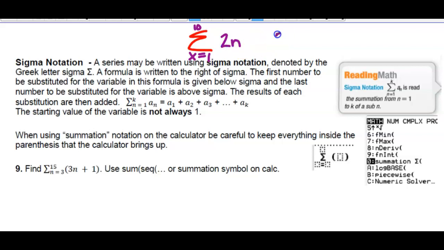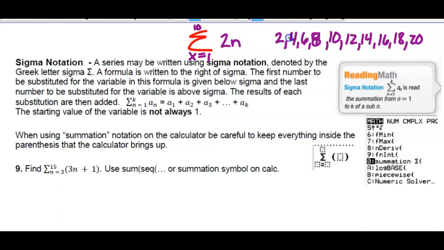So I put in a 1, I get out a 2, I put in a 2, I put in a 3, I put in a 4, I put in a 5, I'm supposed to go all the way up to 10. So there's the first 10 terms, and now I'm supposed to find the sum. The sigma means I'm finding the sum.